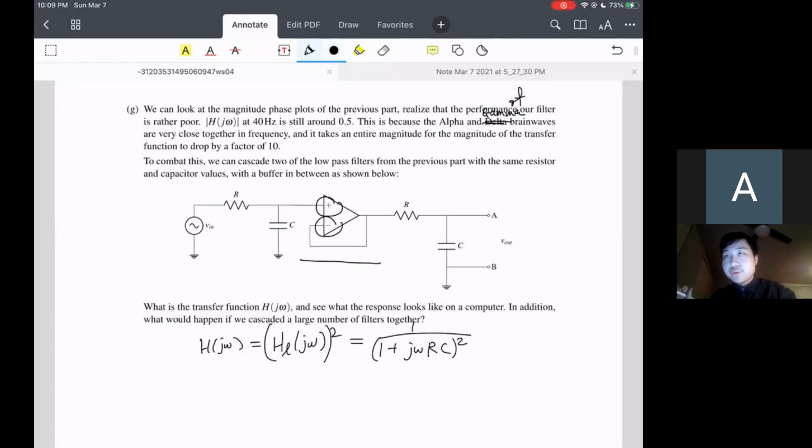The reason why that's true is that, since there's no current flowing from or to the buffer, the KCL and KVL equations of the two individual filters are just going to be the same. And so they're just operating independent of each other, and we can treat the output of the first filter directly as the input to the second filter.